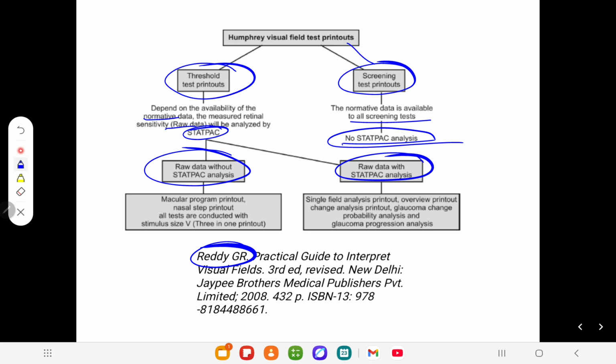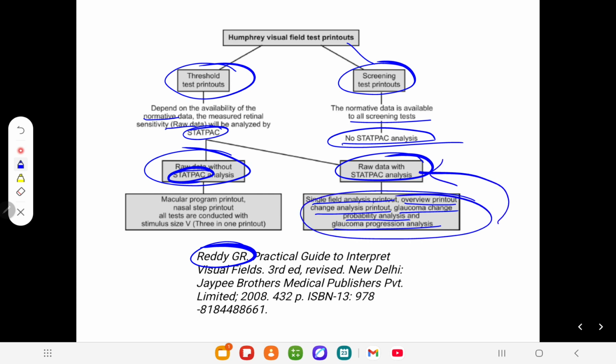See, these are two things, because without means stat pack doesn't have the normative data, and with analysis means it has normal data. Single field analysis printout, overview printout, change analysis printout, glaucoma probability analysis and glaucoma progression analysis, these are all done when stat pack has normative data. They have raw data and normative data.